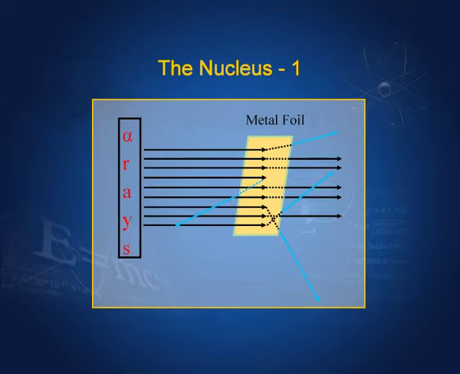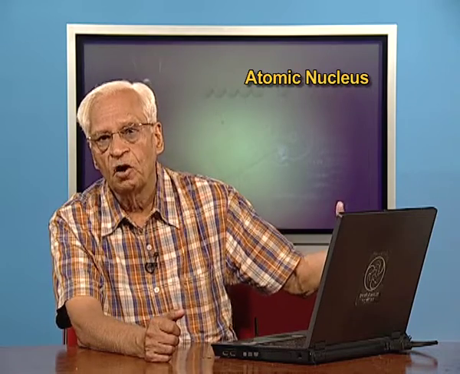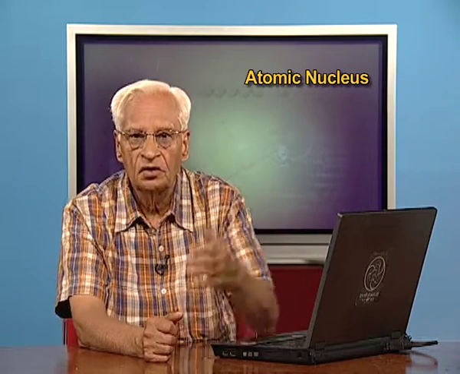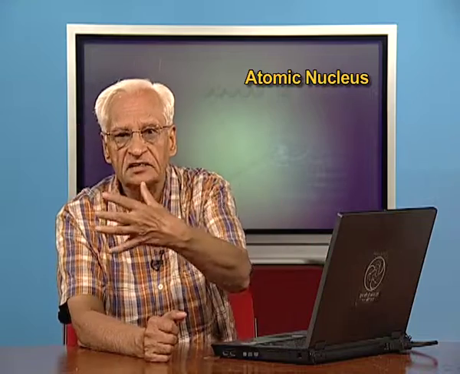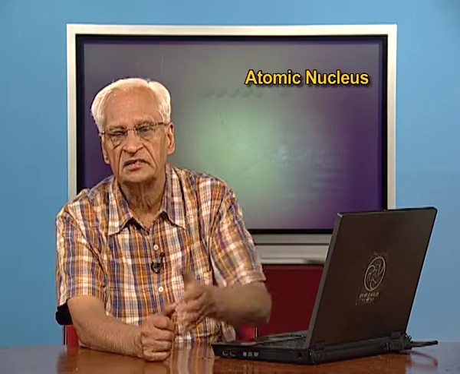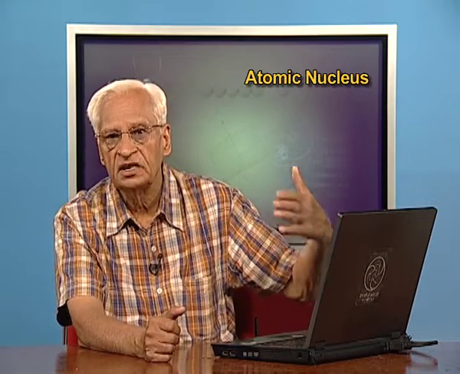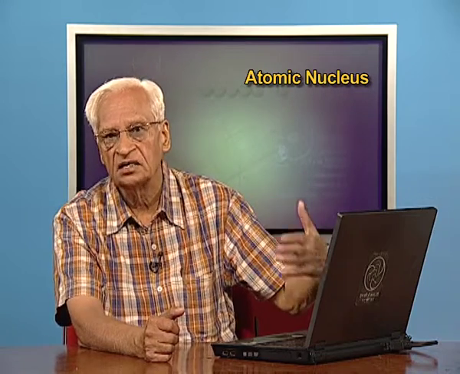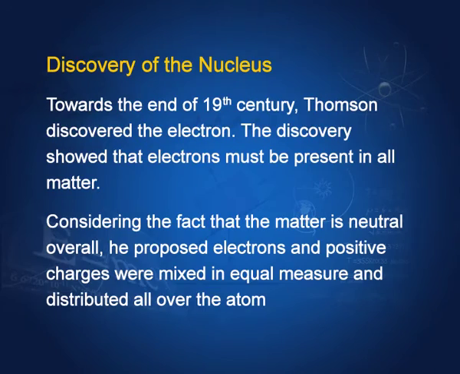The discovery of the atomic nucleus follows the discovery of electrons by Thomson. You remember the cathode rays. Thomson analyzed cathode rays and found that these are actually electrons, negatively charged particles. And since these are parts of all matter, he thought that the atom would therefore consist of electrons and positive charges mixed, so that the overall charge of the atom is nil.